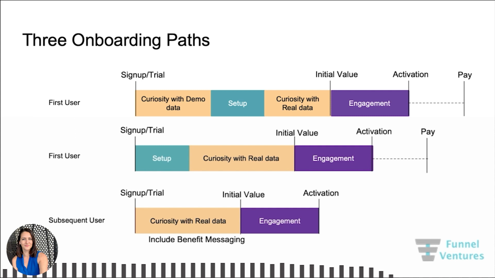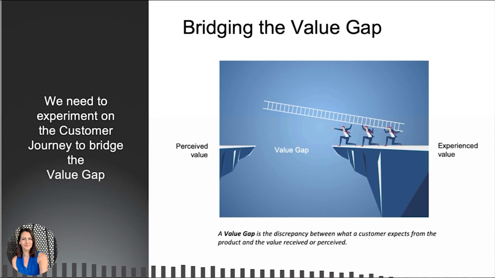If your tool takes a lot of setup, then you may want to switch to populating demo data on sign up so you can extend their curiosity runway. The last step of each of these paths is engagement, which leads to activation, where the user decides to turn into a paying customer.